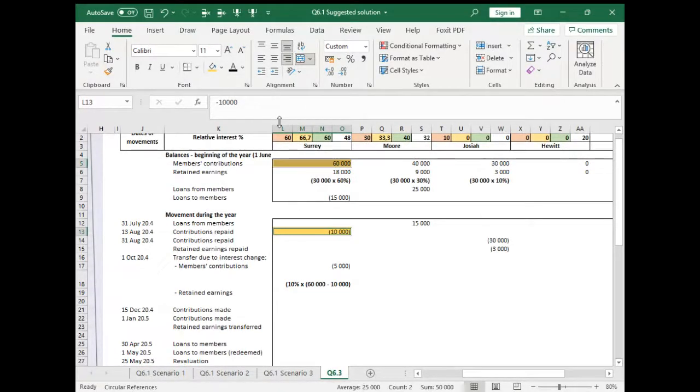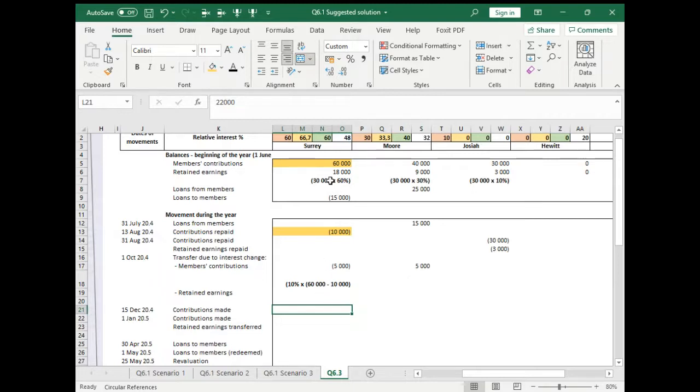So I take the 60 less the 10,000 he's already taken out, and then I multiply that with 10%, to work out how much is 10% of the member's contribution he currently has, which works out as 5,000 Rand. Then I transfer that 5,000 Rand to Moore as a positive. So Moore's members' contribution now increases by 5,000, whereas Surrey's decreases by 5,000.